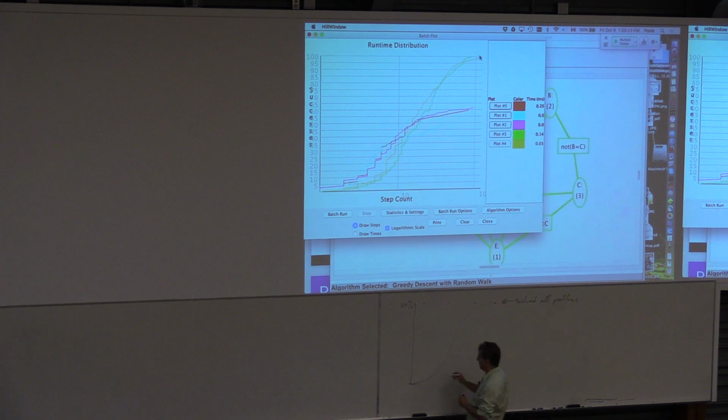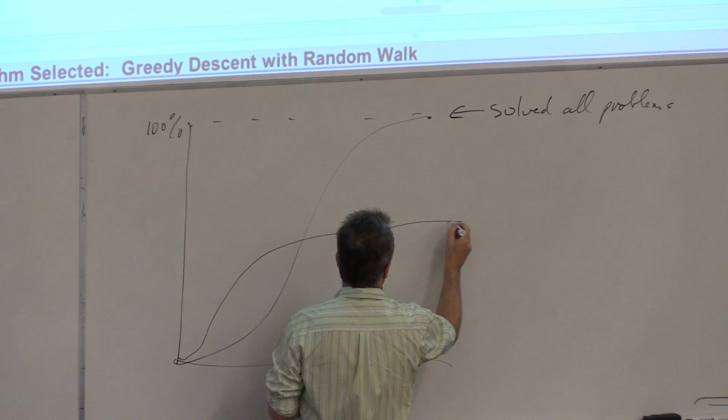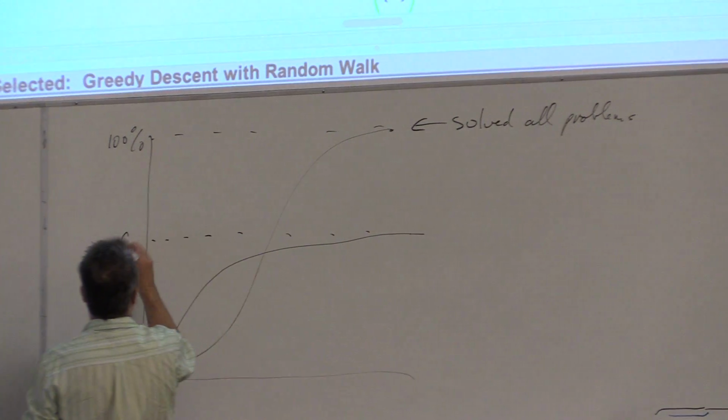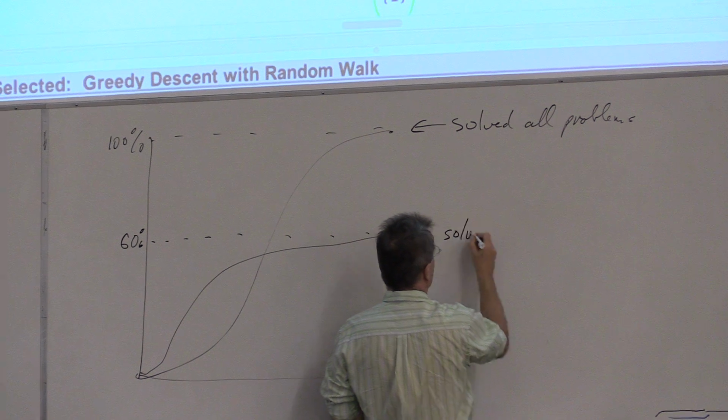The fact that this other one looked like this and stopped at around 60% means it solved 60% of the problems.